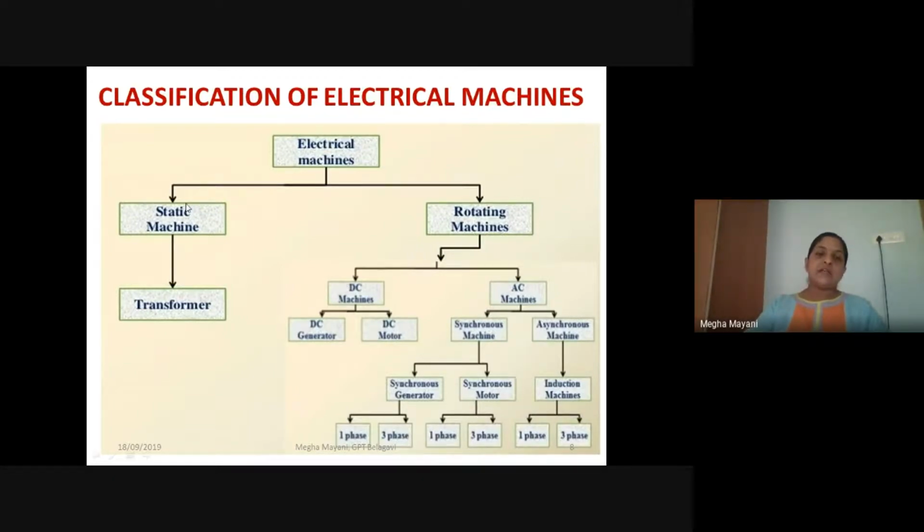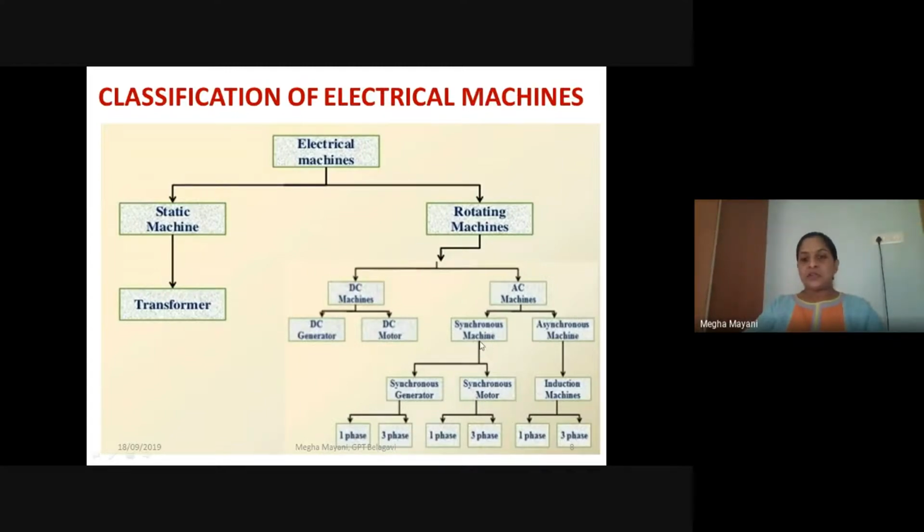The machines which are static are exemplified by transformers. Dynamic machines can be further classified into two types: either DC machines or AC machines. DC machines can further be classified as a DC generator or a DC motor. Under the category of AC machines, you can have a synchronous type or an asynchronous type of AC machine.